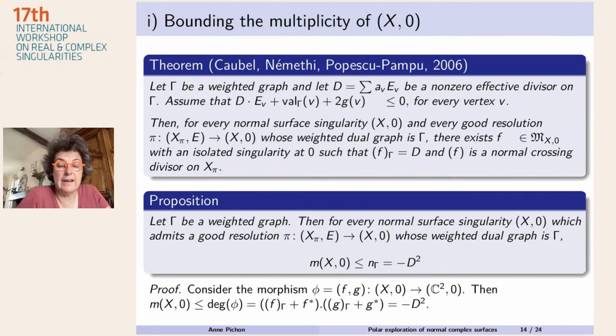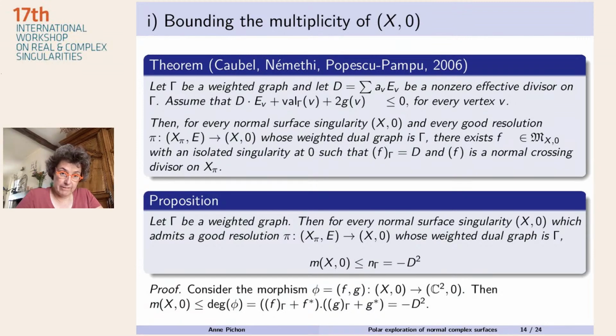But the degree of phi is also very easy to compute because you just have to intersect the total transforms of f and g. But now, since the strict transforms f star and g star do not intersect, what you obtain is nothing but minus d square for the degree of phi. And then this proves the proposition.